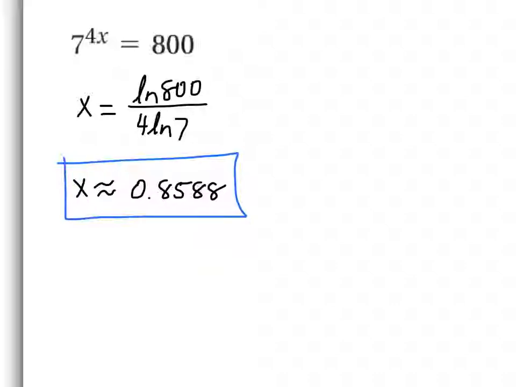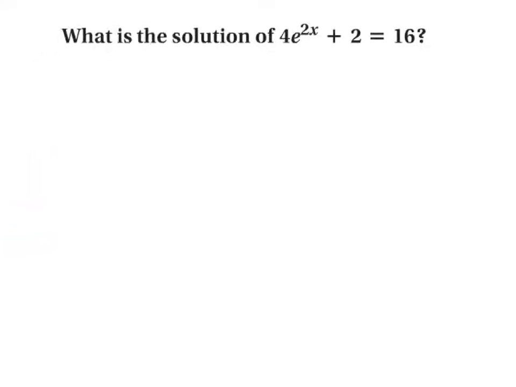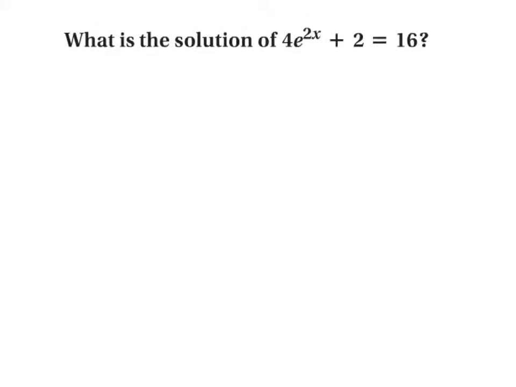All right, look at the problem right next to that. We have 4e to the 2x power plus 2 equals 16. There's a lot going on in this problem. But please keep in mind, when we were using that logarithm property, the property we were using was log base b of b to the x power, and we were saying that we can move the x out in front.